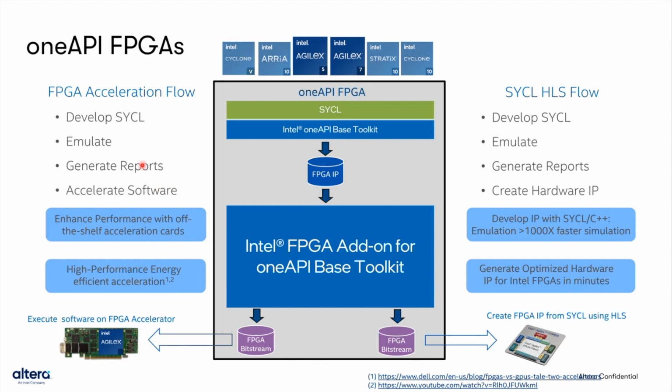So the goal in this flow is to implement a particular function, algorithm, or kernel on the FPGA as an accelerator of a larger system. The goal of the SYCL HLS flow is to produce a hardware IP. But both use oneAPI SYCL as the source for this flow.